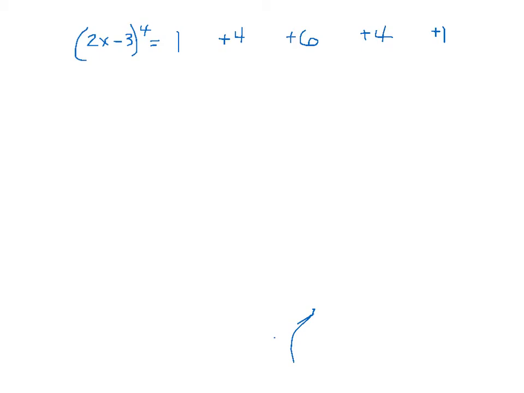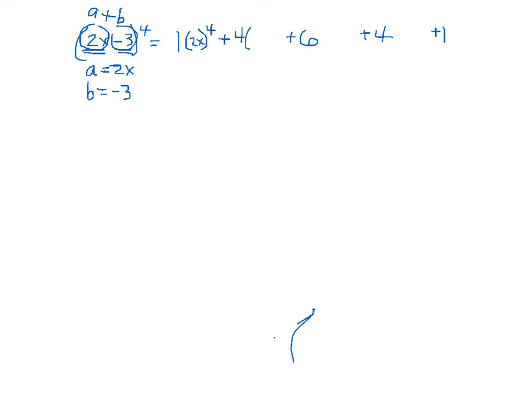Now besides that, the a is 2x, and b is a negative 3. You have to look at this as being a plus b. And so remember, the first term is going to give us the a, or 2x to the fourth power.